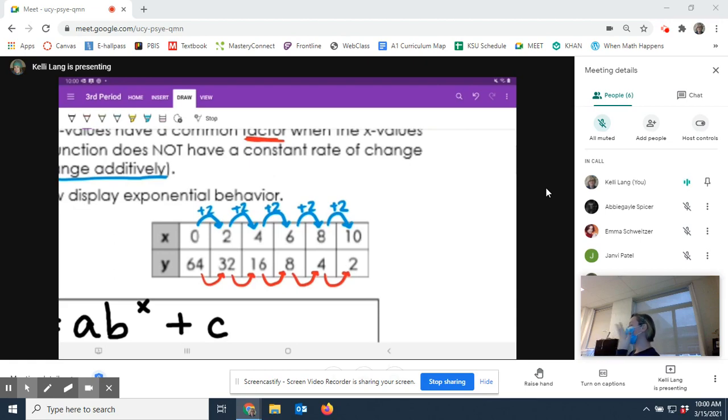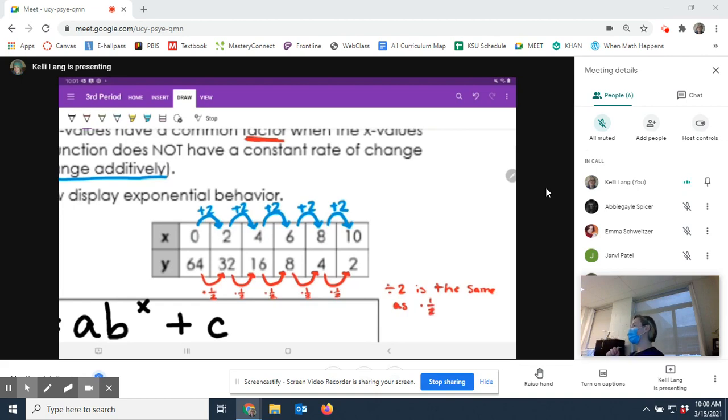Dividing by 2 is how most people probably think of this, but dividing by 2 is the same as multiplying by 1/2. Multiplying by 1/2, multiplying by 1/2. So you could think about this either way. Dividing by 2 is the same as multiplying by 1/2.